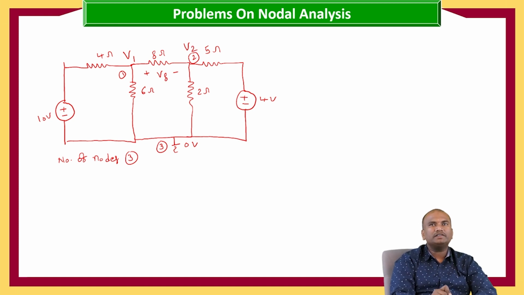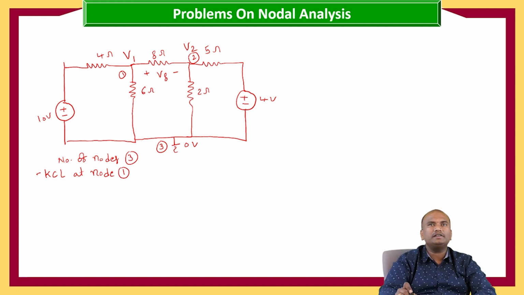One more assumption we take while writing KCL at a particular node is that all the currents are leaving from that node. What is Kirchhoff's current law?